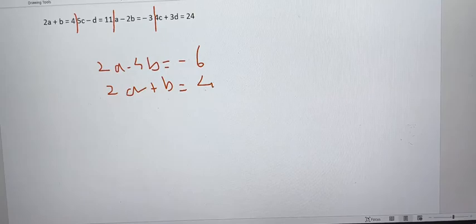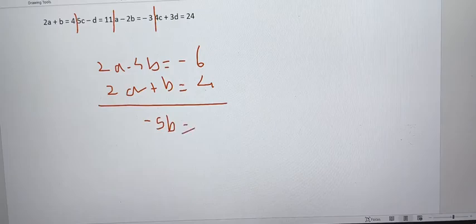Now we can subtract these both. If you're going to subtract 2A minus 2A will get cancelled. Minus 4B minus B will become minus 5B, and you're subtracting it, so the signs will change. This will become minus, this will become minus, right? So then minus minus will become you have to add, so it is minus 10.